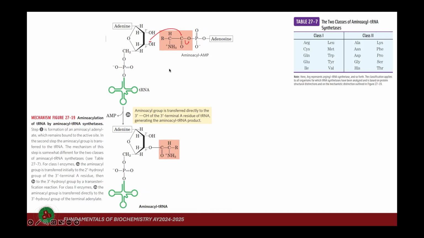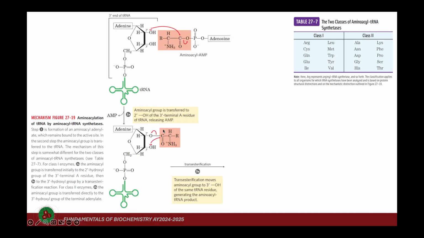Now, for the class 2 enzyme, it is the 3' OH that immediately attacks the carbonyl carbon. Now AMP leaves the active site, and then you get your desired product. I'm thinking the difference between the two is probably, of course, in the active site of the enzyme.